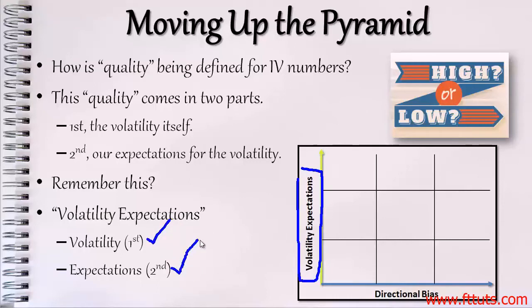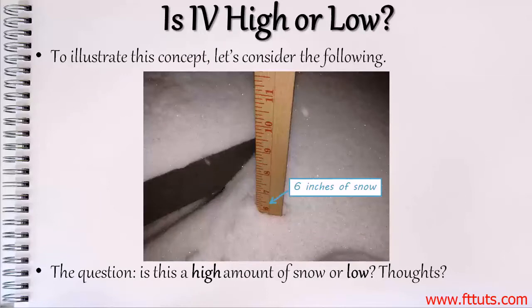There was a reason I decided what should I put on the y-axis? Well, volatility expectations, because those are the 2 key components. They're going to give us that good data that will ensure we get good probability data. So volatility and expectations, we got to look at each of those. So first, volatility. Is the implied volatility high or is it low? That's the first question to ask.